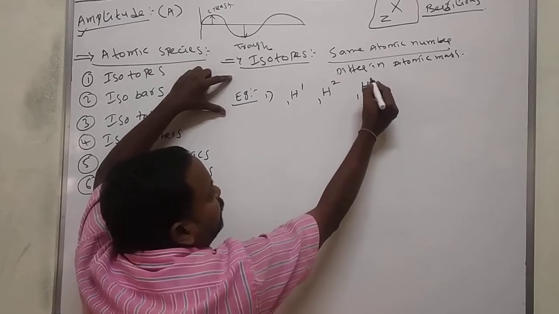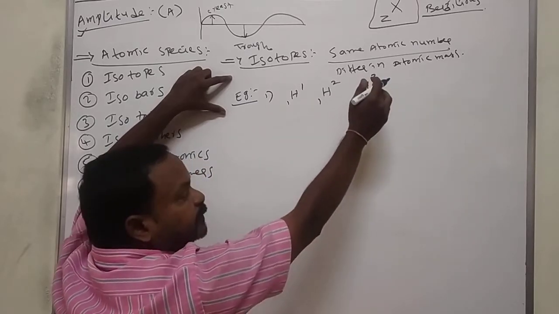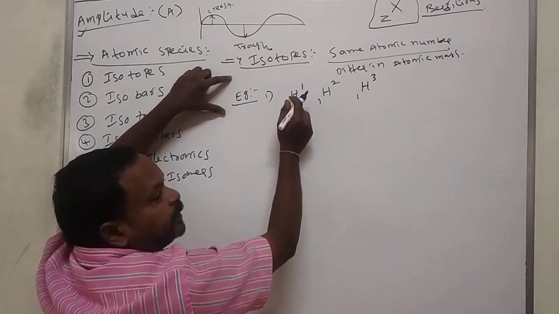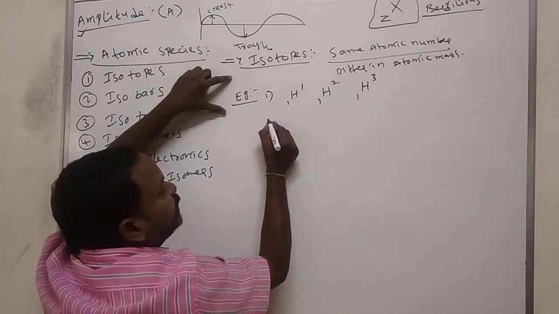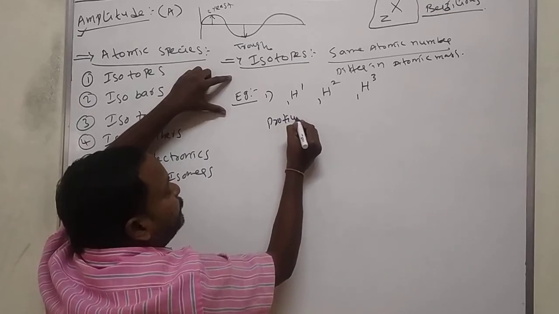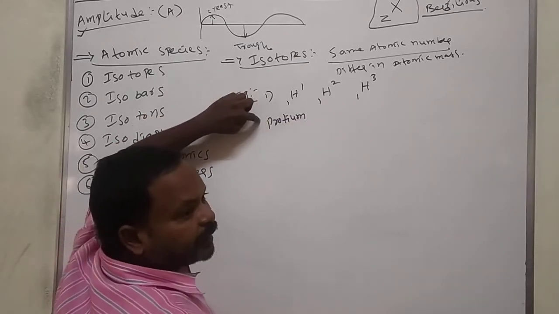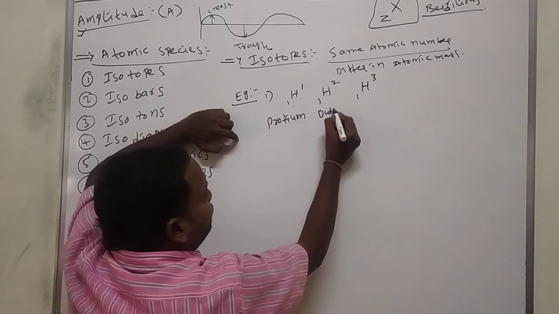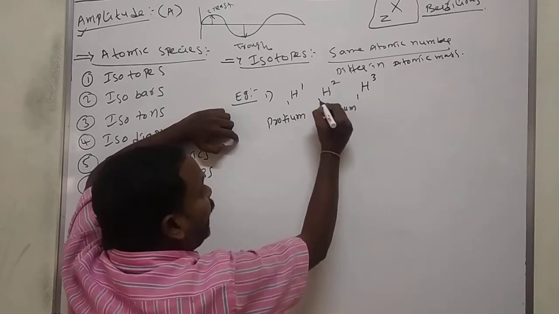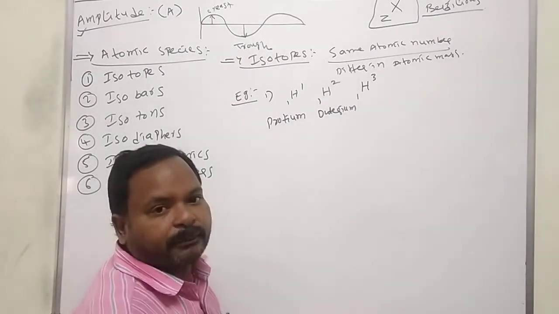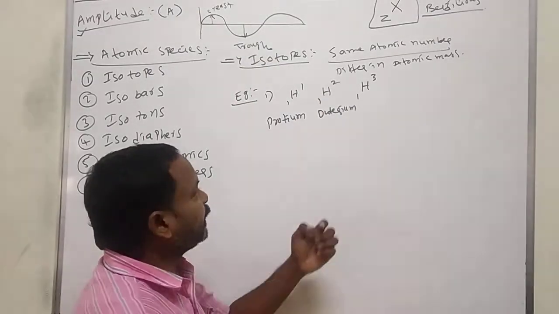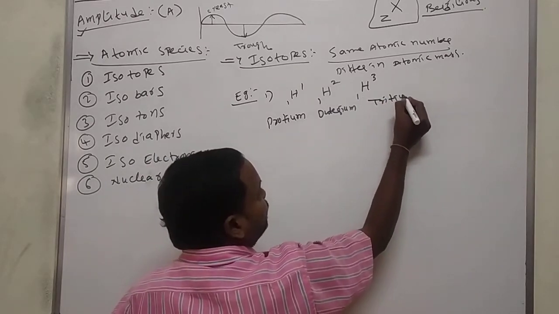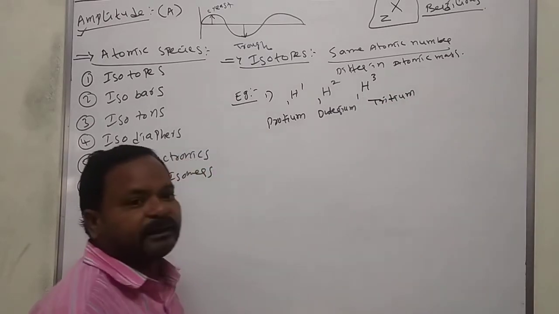Hydrogen atomic number 1, mass number 3. Hydrogen with atomic number 1 and mass number 1 we call protium. Hydrogen 1, 2, atomic number 1, mass number 2, we call deuterium. H 1, 3 we call tritium. These are the important isotopes.